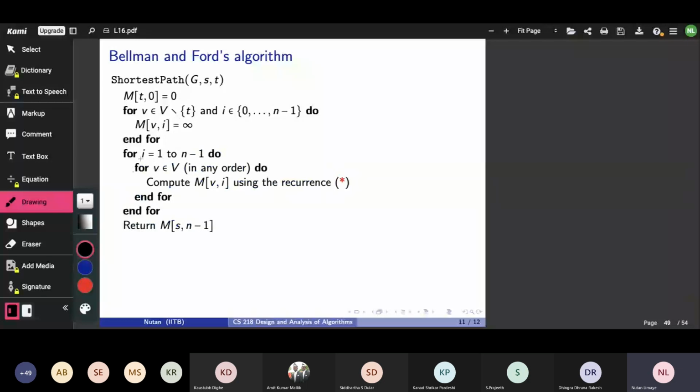Now for i going from 1 to n minus 1, and for v, compute. We can cycle over v in any order actually, but I should start from a smaller i. So compute v comma i using the recurrence.